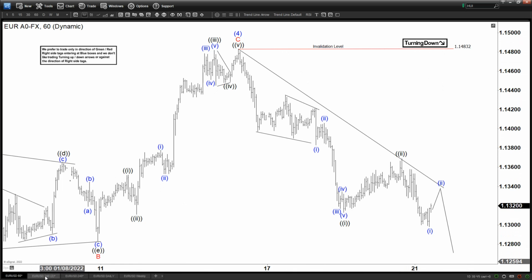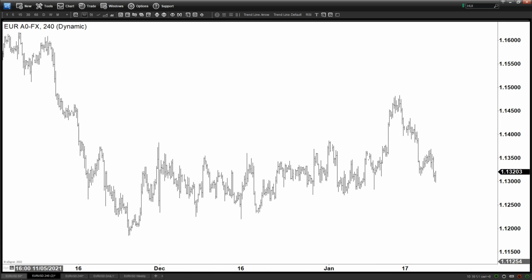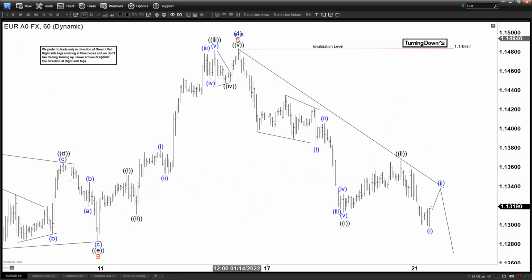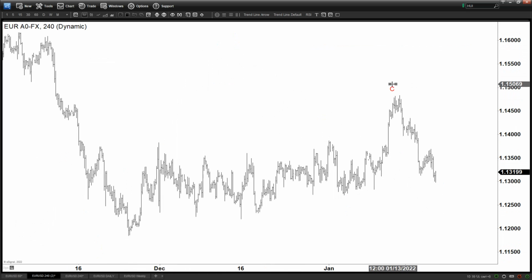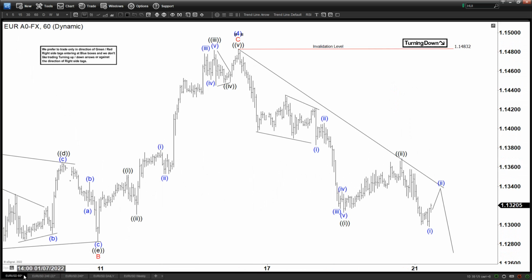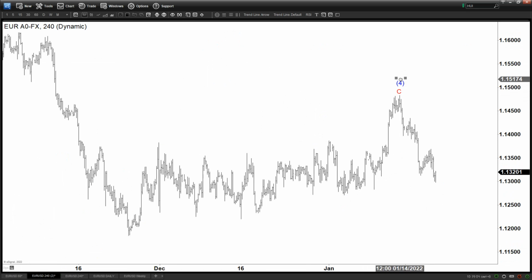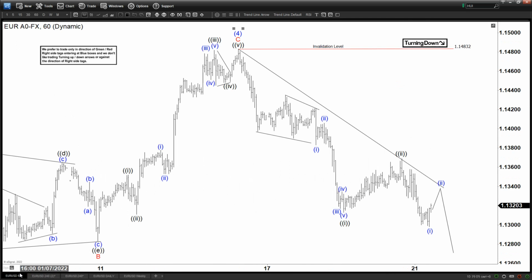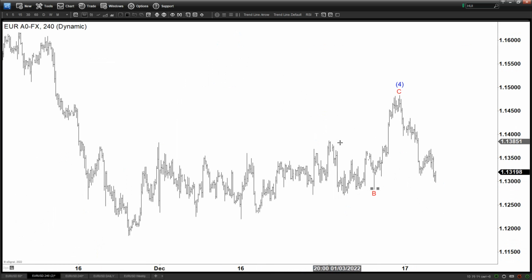So if we zoom out, this is the 4-hour time frame. I'm going to put the C and 4 right here in the 4-hour. We can see right here, this is our B, and that will be a triangle, some sort of A, B, C, D, E. So that means the A must be somewhere here.